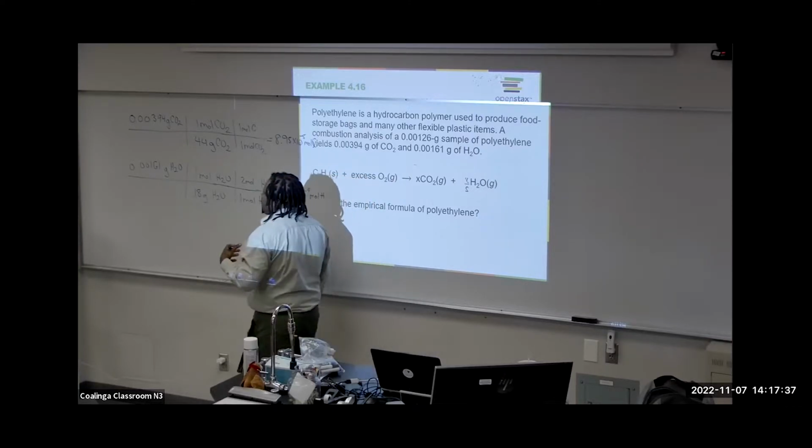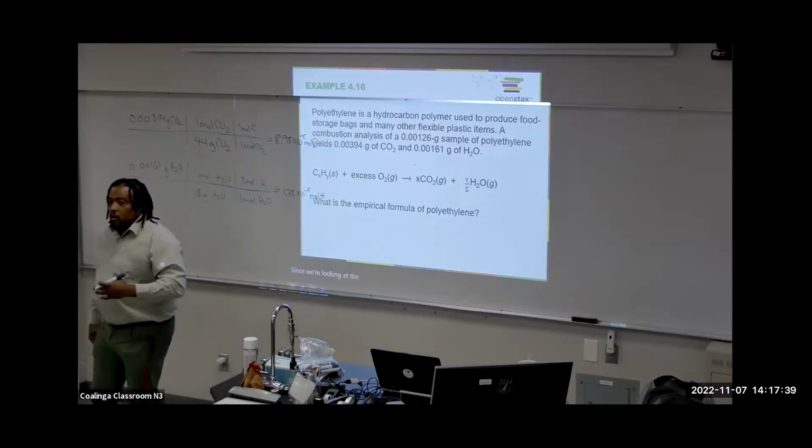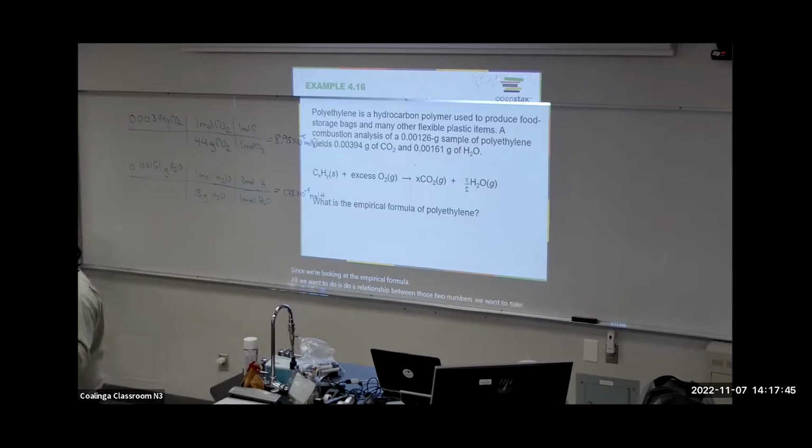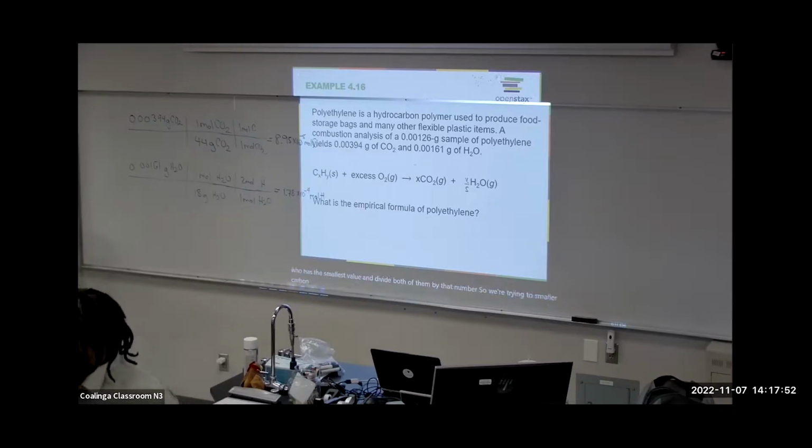Now, since we're looking at the empirical formula, all we want to do is find a relationship between those two numbers. We want to take the one that has the smallest value and divide both of them by that number. So which one is smaller, carbon or hydrogen? That's right.